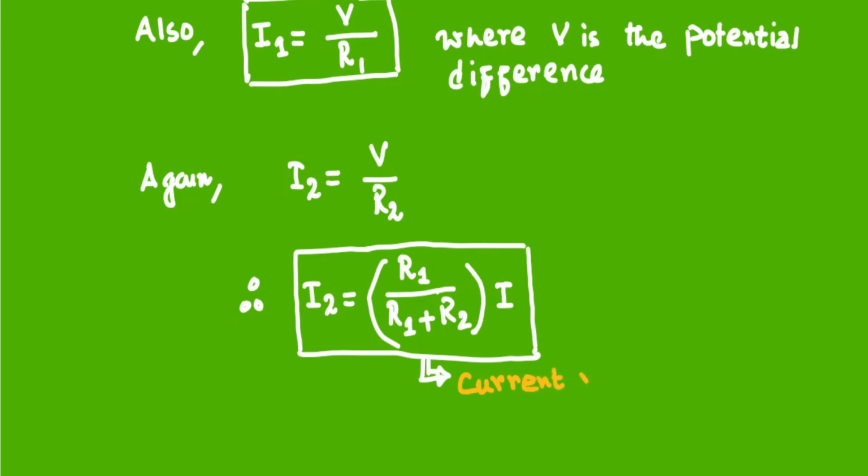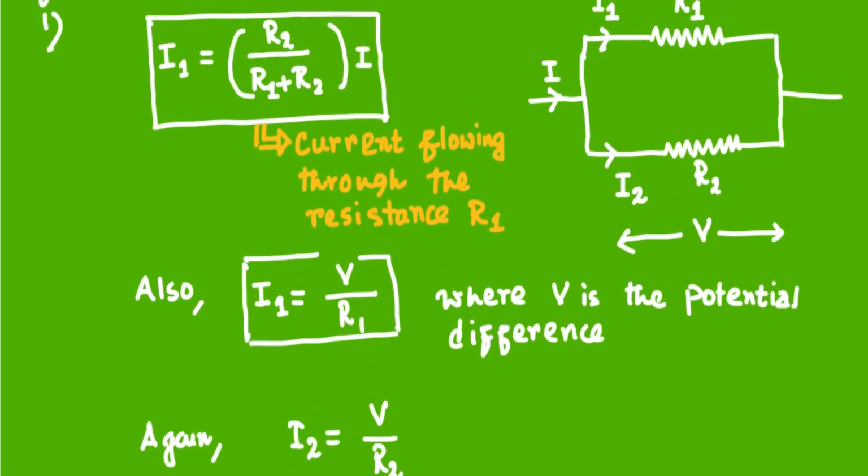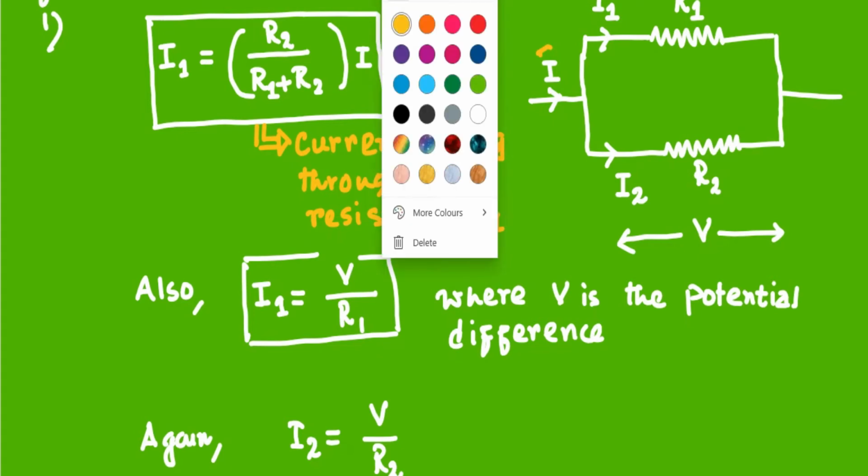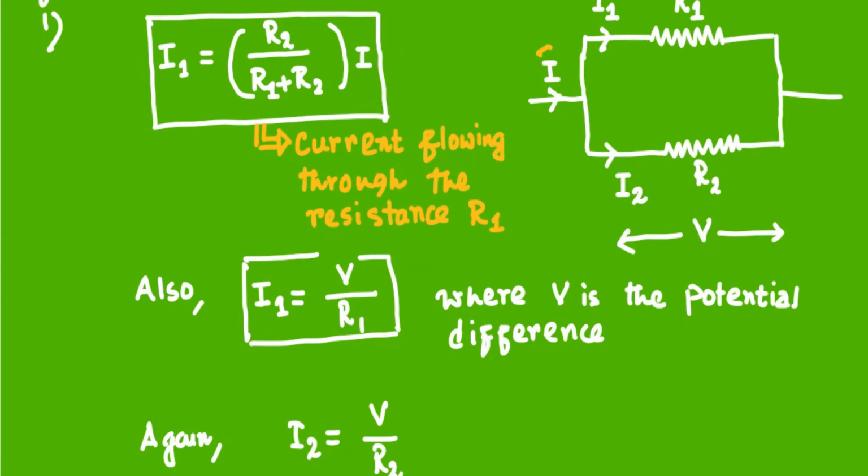So for I1, the formula of I1 is R2 divided by R1 plus R2 into I.